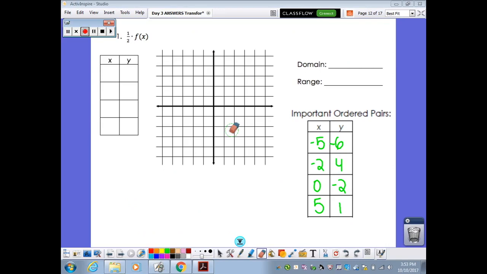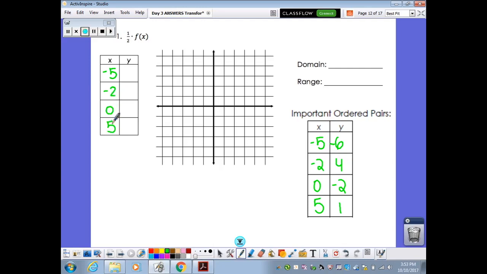So for this transformation here, I kept all my ordered pairs on the side so that I'm able to look at it. We can see up here we have a 1/2 times f of x. We know f of x is essentially just y, so what I'm going to do is multiply 1/2 by all of my y's. The x's stay the same. We write them down, negative 5, negative 2, 0, and 5.